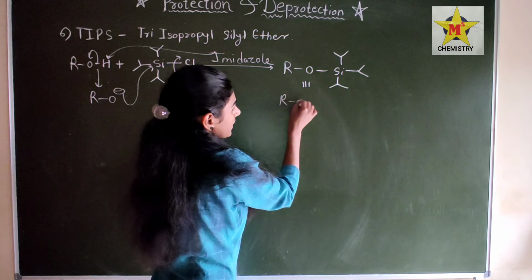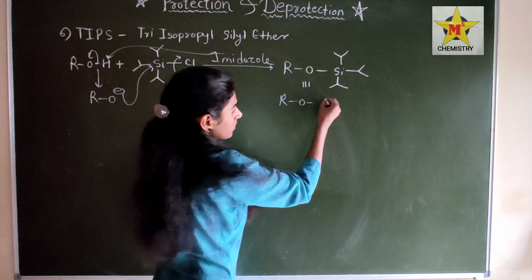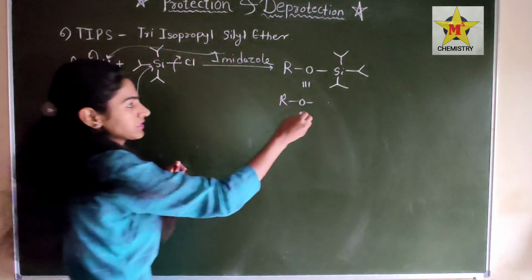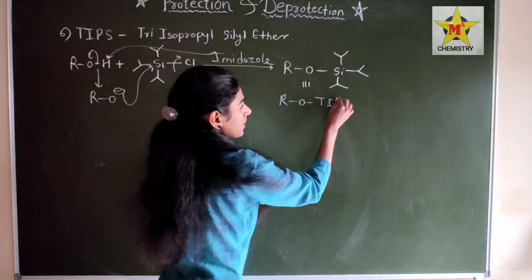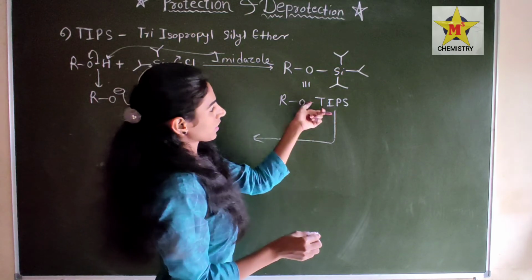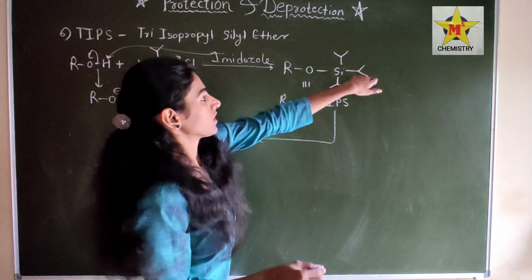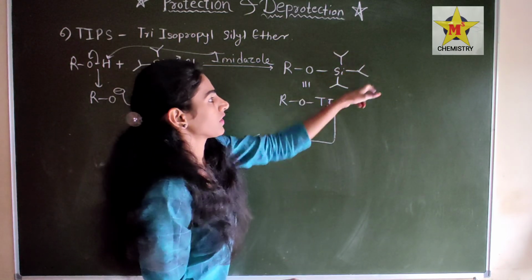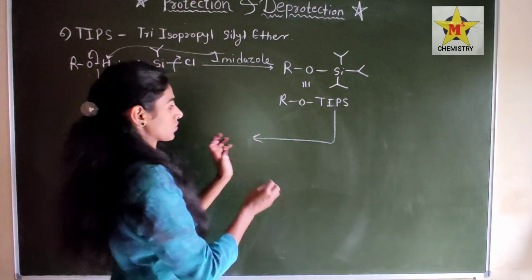Okay, we can write it like this: ROTIPS. In reactions they give us TIPS like this, and sometimes they give the whole structures also.